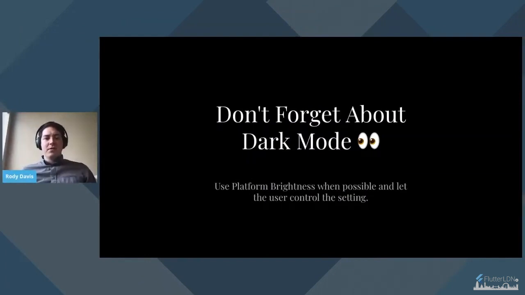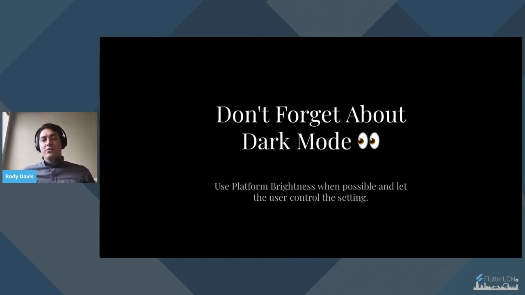Next, we don't want to forget about dark mode. It was fun trying to figure out ways to support this before Flutter officially did. But this is something that is really important because you may think, well, I'm never going to use my app in dark mode, light mode all the way. But the other argument to that is if you have trouble seeing something, your app needs to perform in high contrast settings.